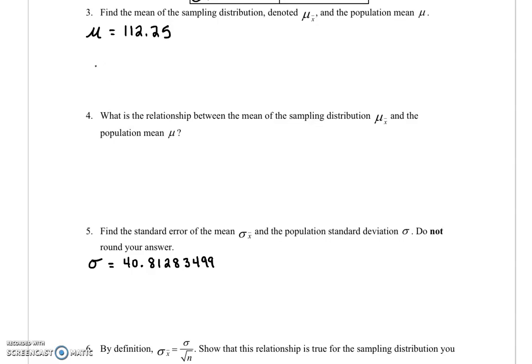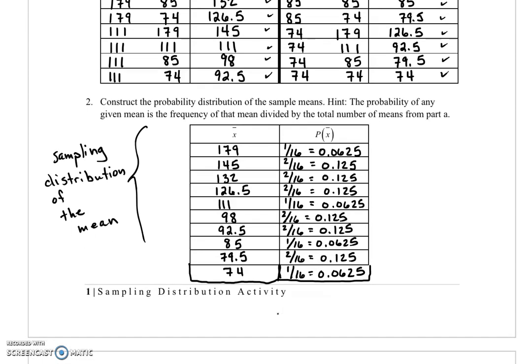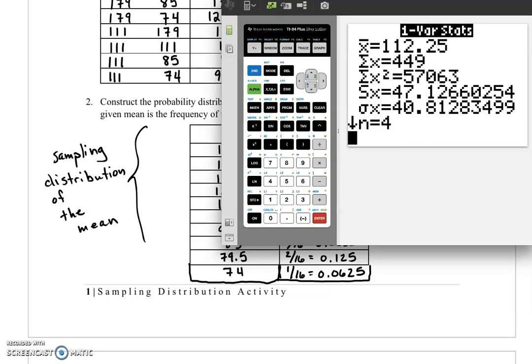So now we need to go back and find the mean of the sampling distribution and the standard deviation of the sampling distribution. To do that, we're going to go back to number 2 where our sampling distribution is, and we are going to get the calculator.